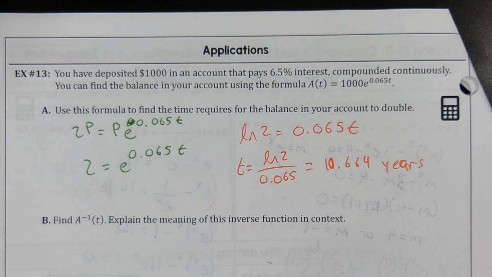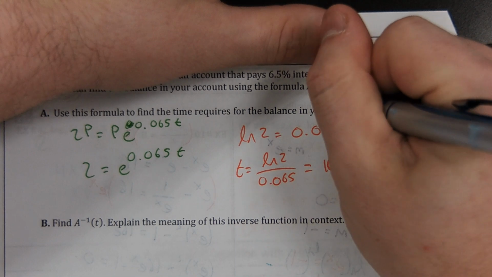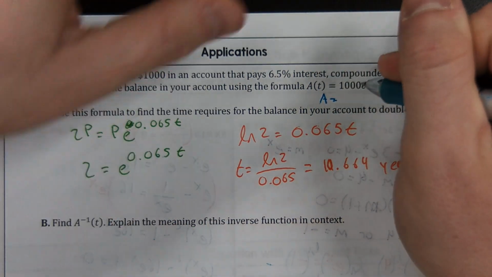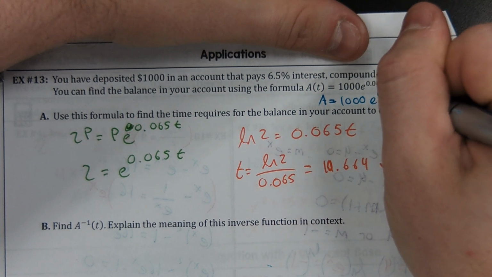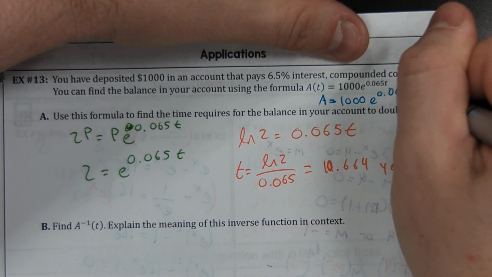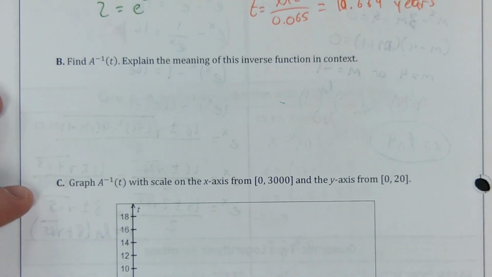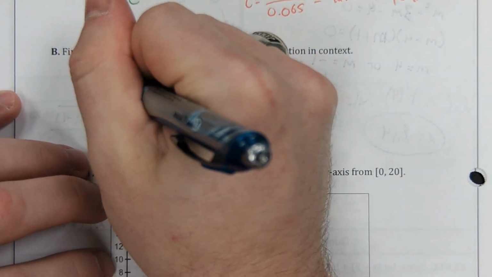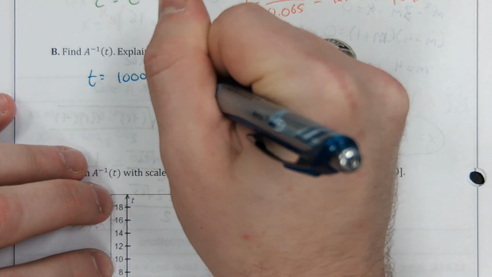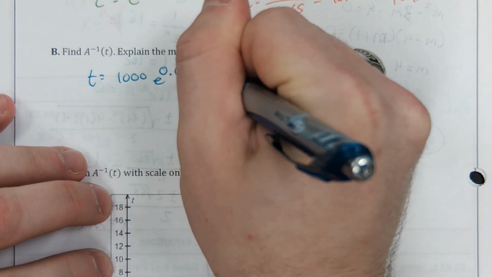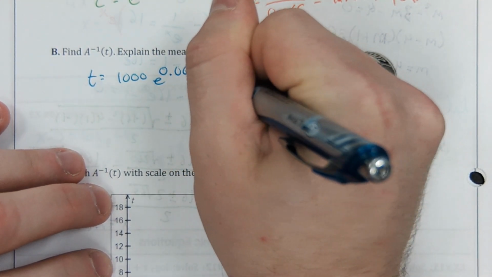If you don't mind, I'm going to not say A of t, I'll just say A. You guys all right with that? So, because I'm not going to switch my x and y, I'm going to switch my A and my t. So t equals 1000 e to the 0.065a.